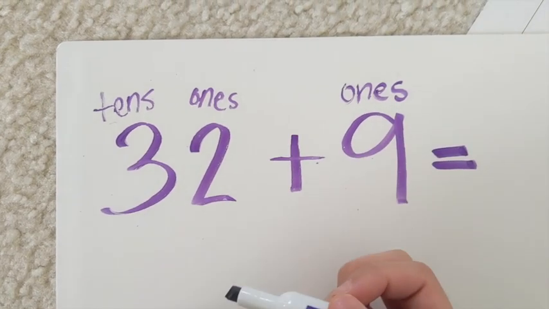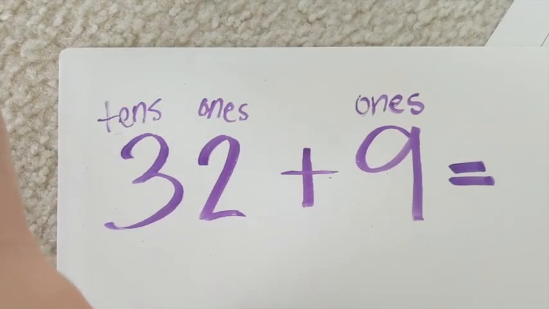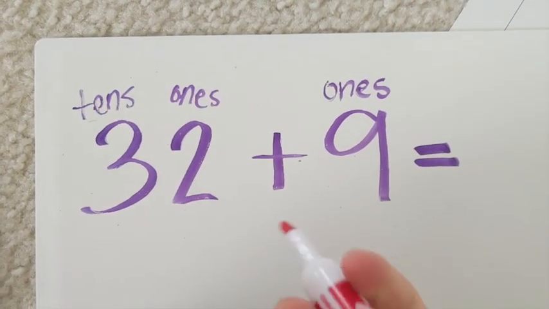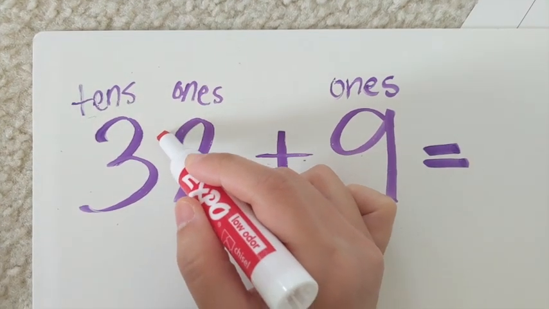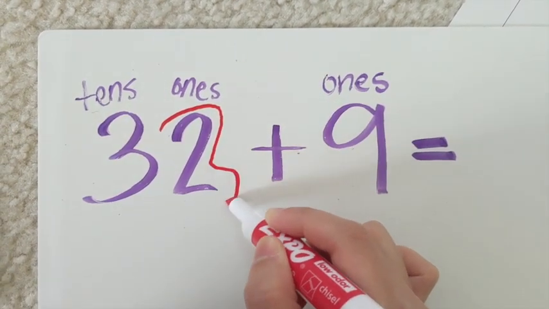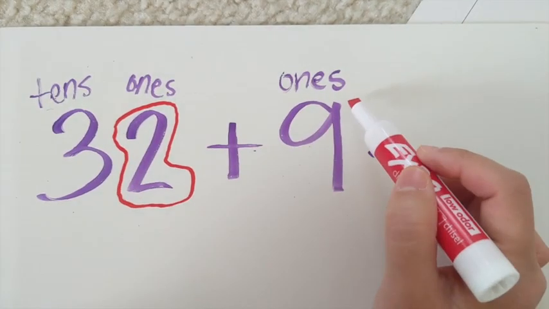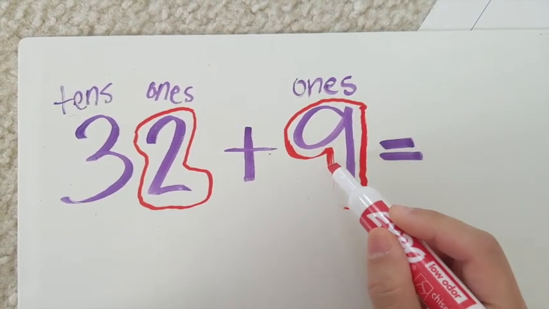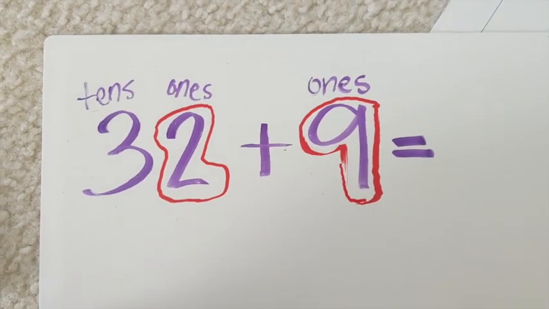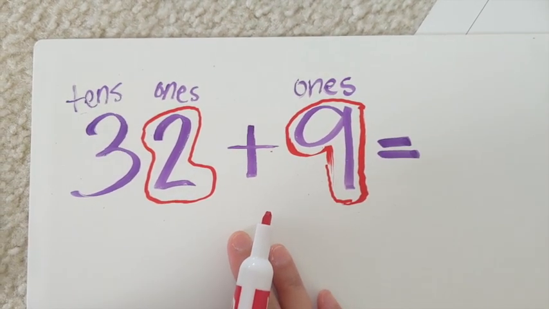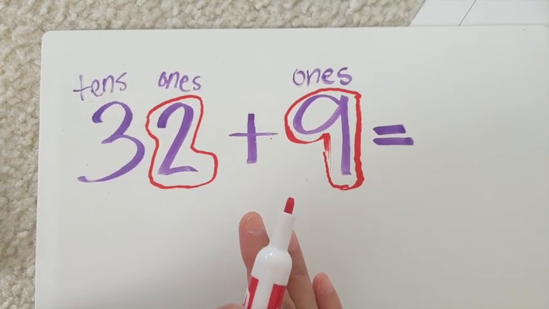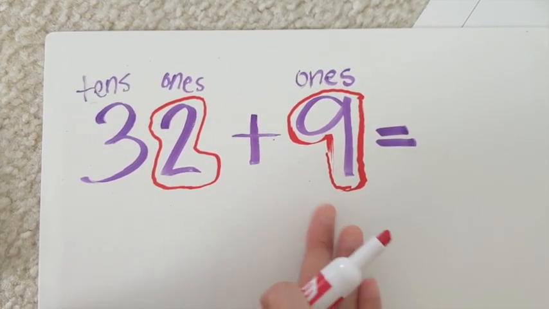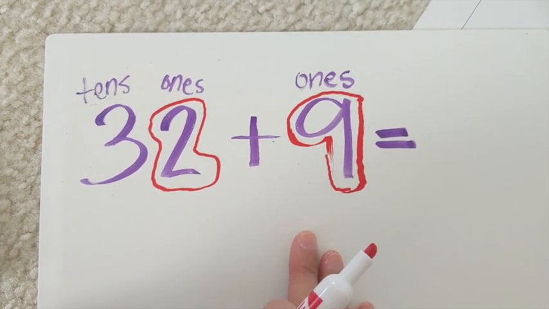Can you take your super brains and just see the ones place? Just stare at it for a while and ignore the tens and just start to see the 2 ones and the 9 ones, like that. We're going to add those first because of the rule that I kept on bugging you guys about, start with the ones place. So we're going to add the ones to see what we get.